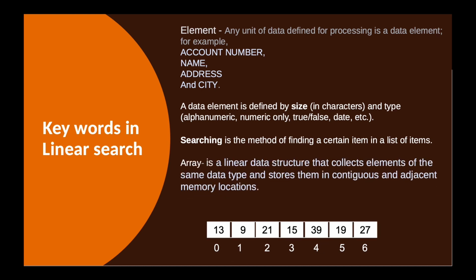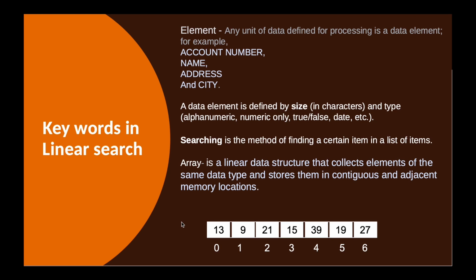Then let's look at our last word. Array. What is an array? It's a linear data structure that collects elements of the same data type and stores them in contiguous and adjacent memory locations.